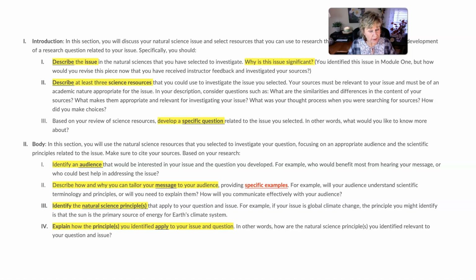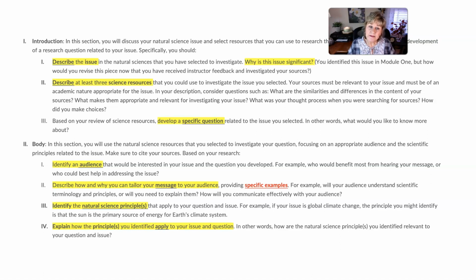That's very important, because you can talk about ocean acidification all day long, and if people don't understand why it's important, they aren't going to listen to you. They could care less if it doesn't affect them. So I'm just saying. But you can have lofty levels of significance. Ocean acidification affects the whole biosphere. So anyway, why is it significant? You've already written this, but go back and read my feedback.